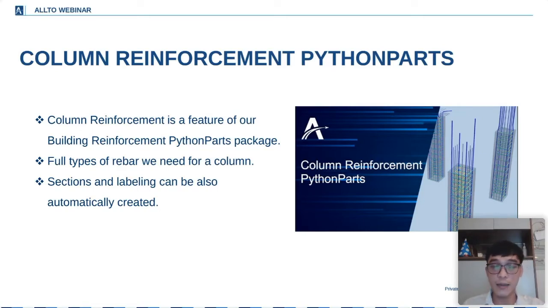Main rebars may have a hook or coupler, stirrups may be defined with many sets, and extra rebar can also be created. It can also help you quickly create a section and label for the column. With these powerful functions, it can save you a lot of time, from reinforcement to creating sections with labels, and also avoid mistakes.